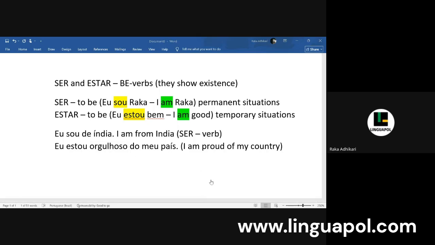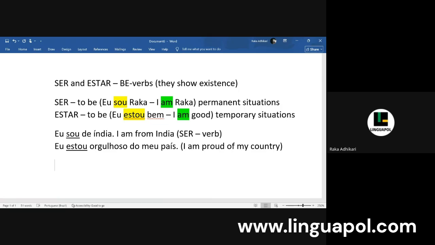Here, feeling the emotion of pride, that's an emotion. That's a feeling, that's a sensation. So a sensation or a feeling or an emotion is considered temporary. That's why I am saying eu estou. So in the first sentence, I'm talking about origin, which cannot change. So I'm using sou. Whereas in the second sentence, I am talking about an emotion which can change. Emotions can change. So I'm using estou.